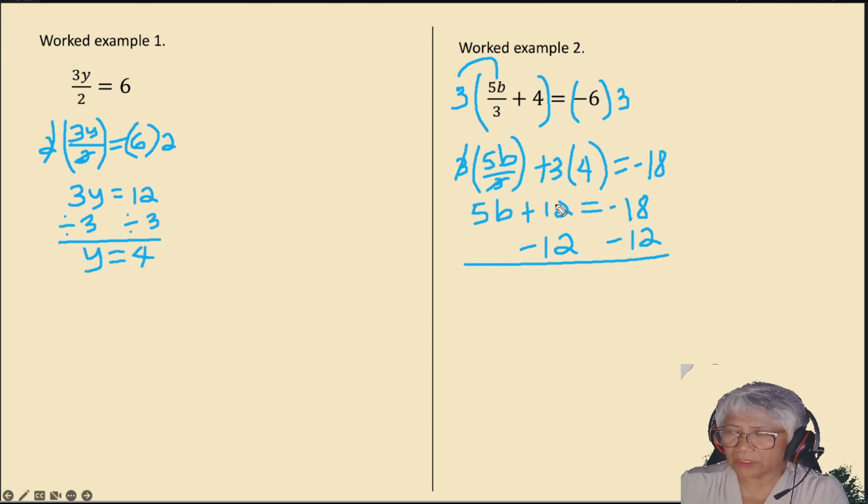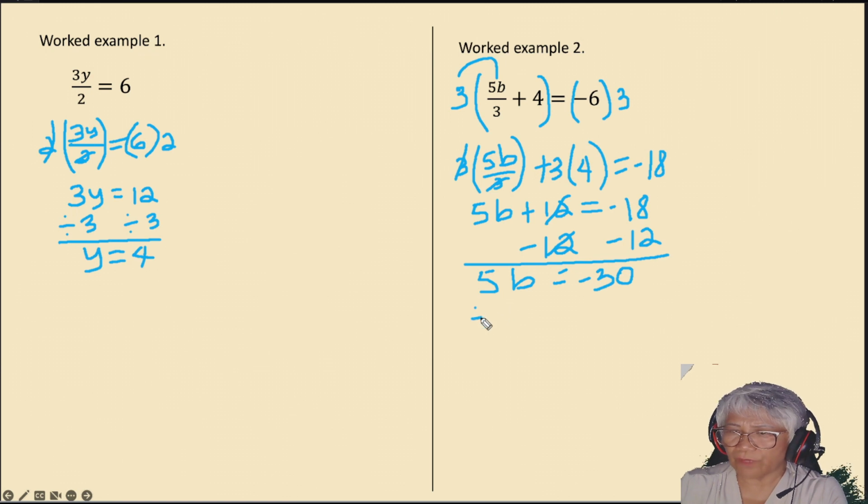This positive 12 and negative 12 will give you 0, and we don't need to write down 0. So 5b is equal to, we have to add the 2 numbers together because they're both negative, so negative 30. Now, this is again multiplication.